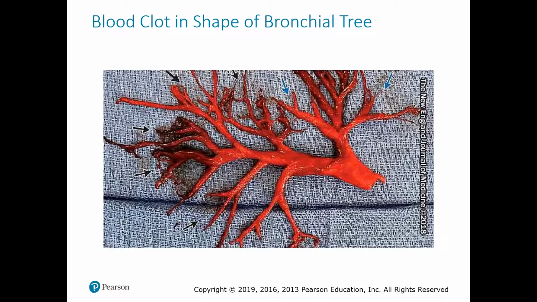And so you get a lot of bleeding into the respiratory tract. This person coughed up a tremendous amount of blood one day just before they died, about 2 days after this. And this clot came out in an almost perfect shape of a portion of the lower bronchi. They coughed that out. So the phrase coughing up a lung actually means something.